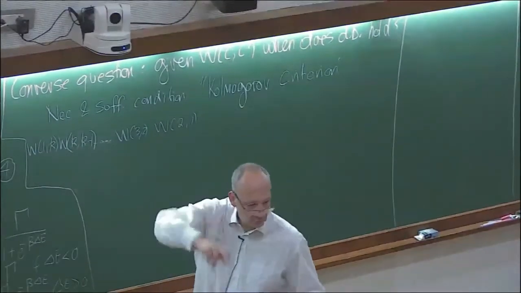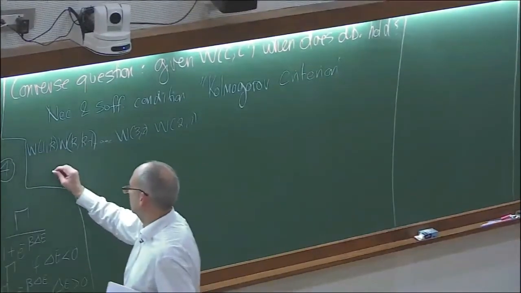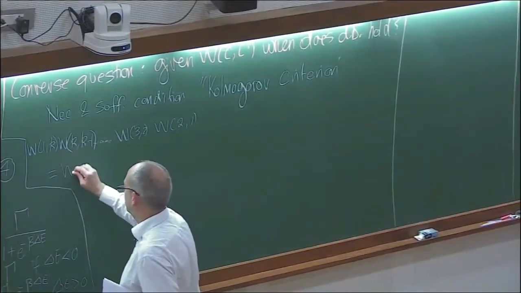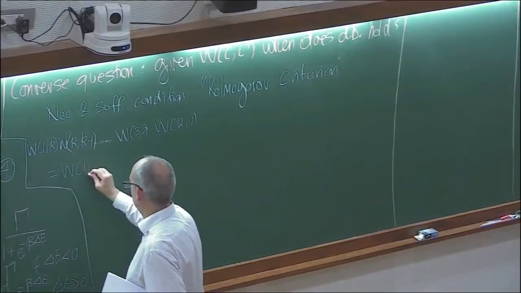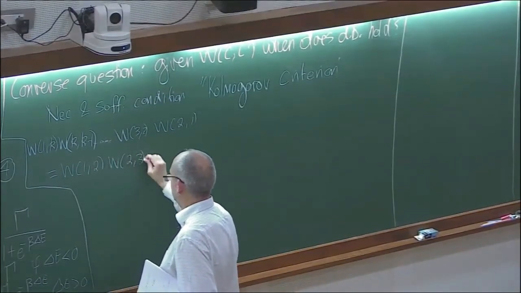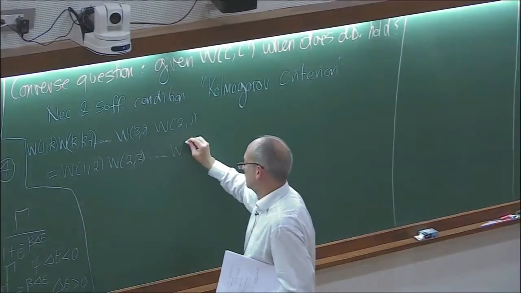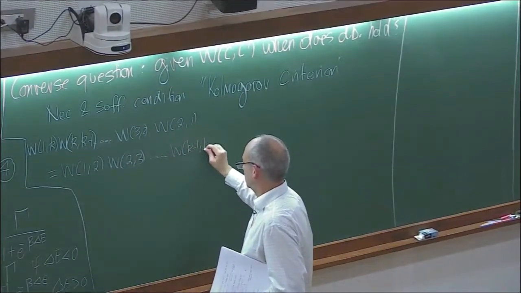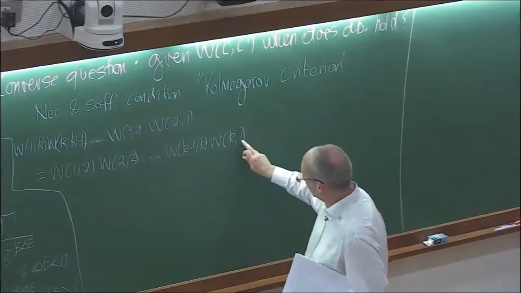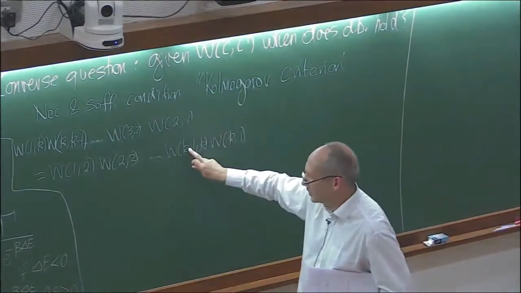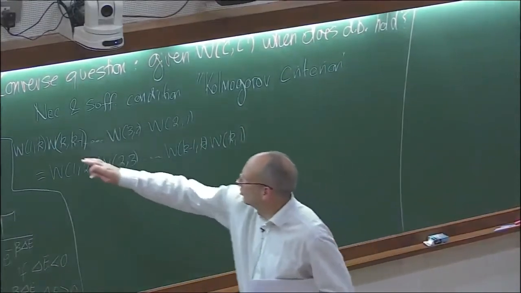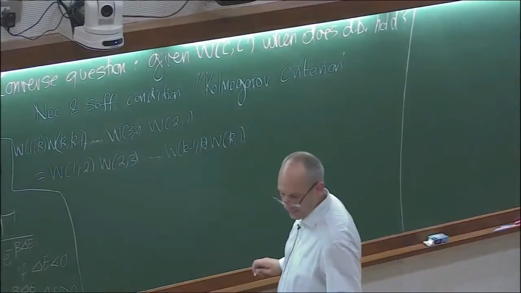So that's going around the loop one way. It should be equal to going the other way: I start at 1, I go to K, and then K minus 1, and so on until I end up back at 1. So the product one way should be the product the other way.